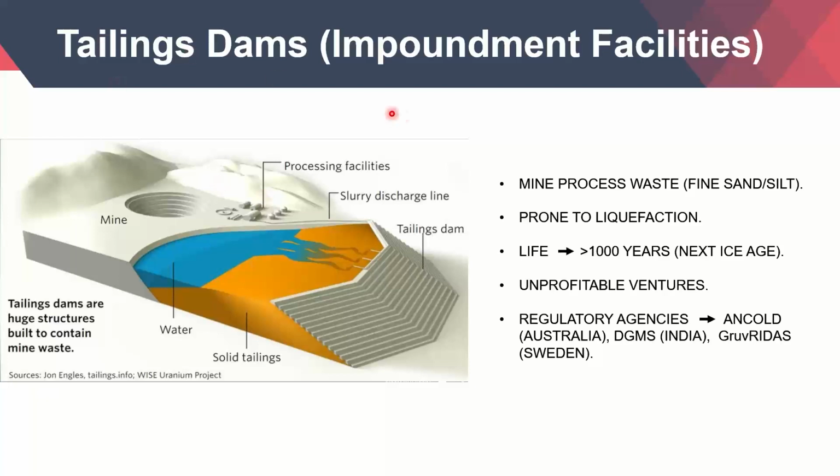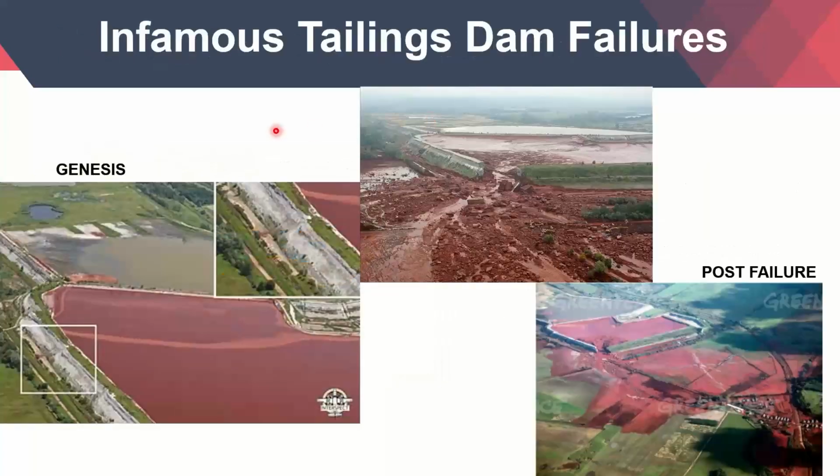So, one infamous tailings disaster is this. This is actually a picture from Hungary. Unfortunately, no place in the world is safe from dam disasters. This started when a section of the corner completely gave way. This is a red mud pond or bauxite storage tailings facility.